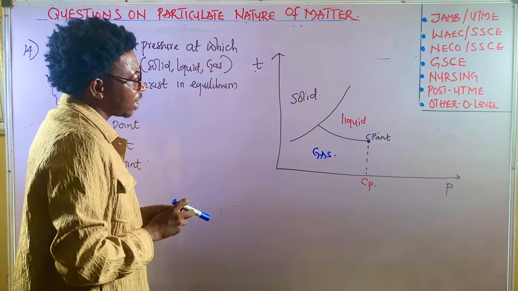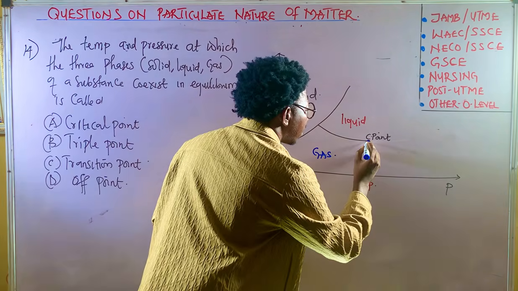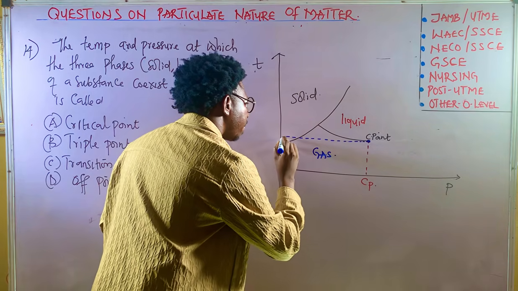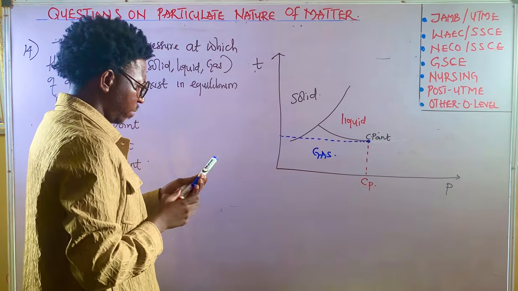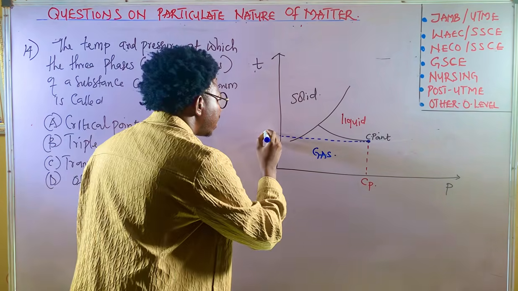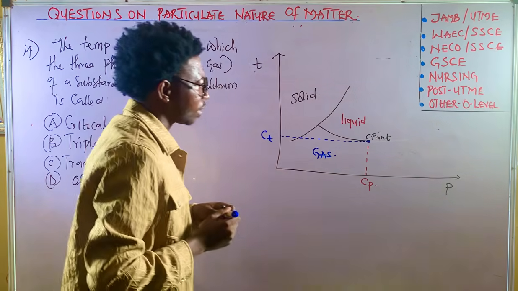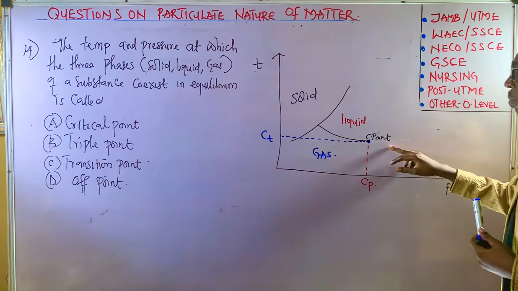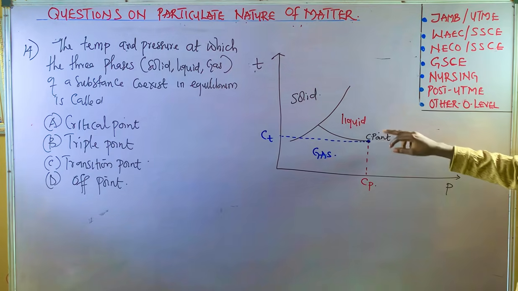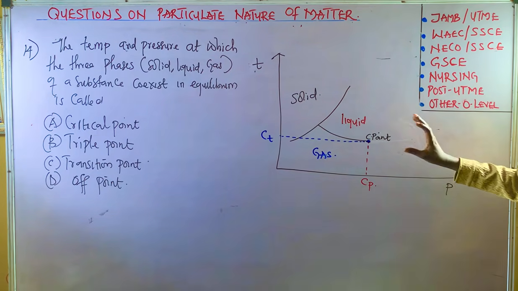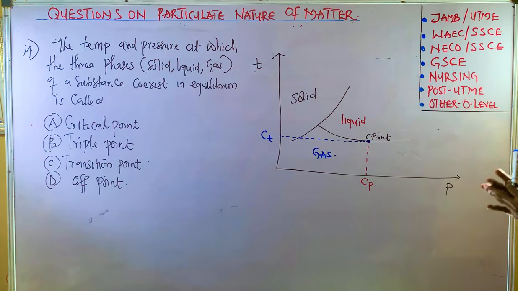Now, if I trace it to the temperature axis, I'm going to call it critical temperature. So take note of that. That's the critical point: a point where the liquid and the gas coexist, where there is no boundary between the liquid and the gas.